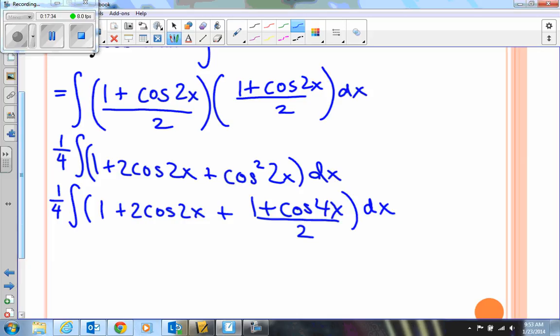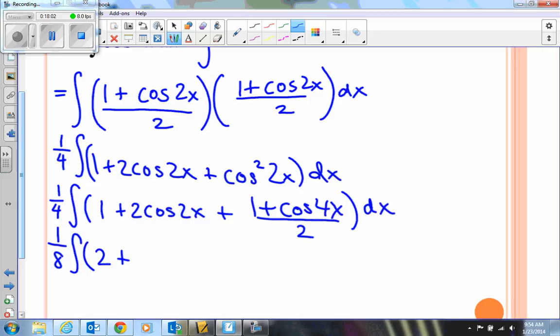Now it's kind of personal preference. If you want to pull out a 1/2 from everything, or if you want to distribute and just go for it, that's personal preference. I personally want to pull out my 1/2 and get rid of that fraction. So if I pull out a 1/2, what do I actually have here? A 2, since 1 divided by 1/2 is 2.